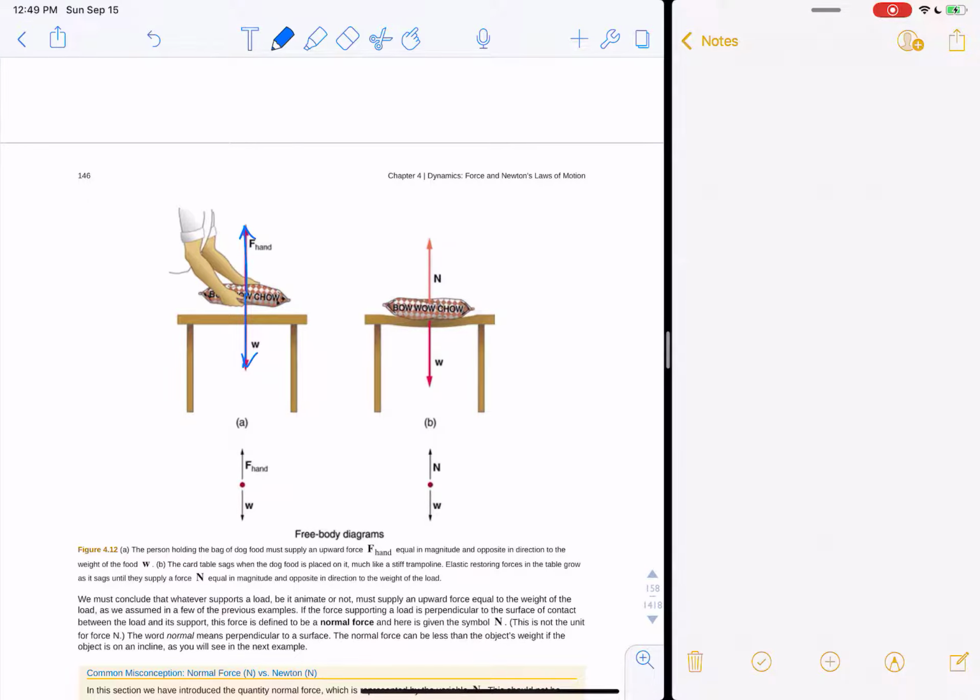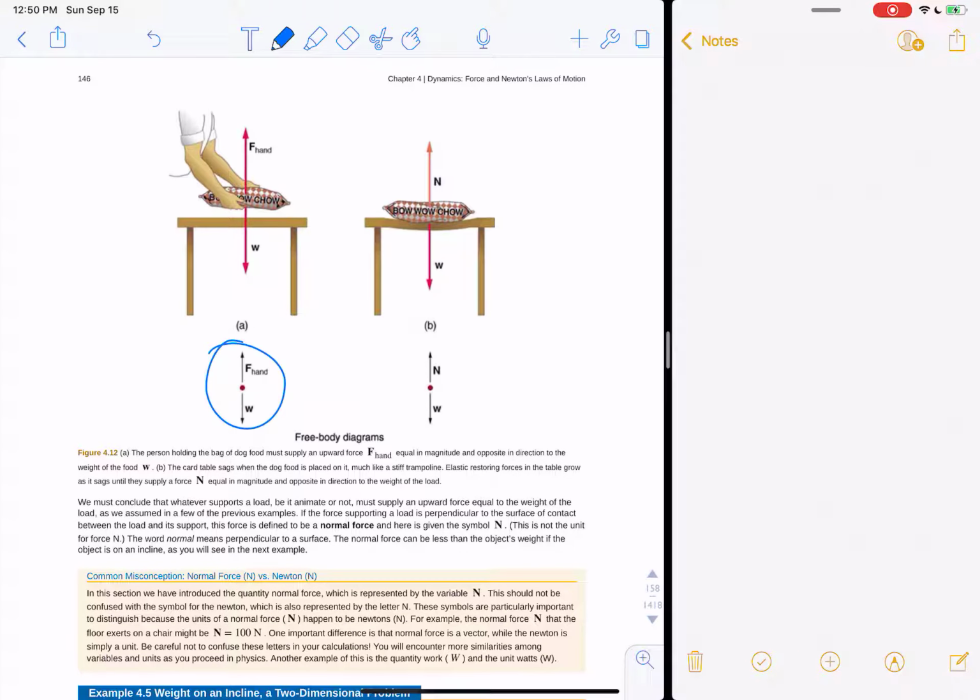When you set it on the table, the normal force and the weight are balanced by the table. In the first case, it's not the normal force, it's the force of the hand lifting it, but you can consider it a normal force if you would like. And there's your free body diagram. They're the same vectors because they are pointed in the same direction and have the same magnitude.